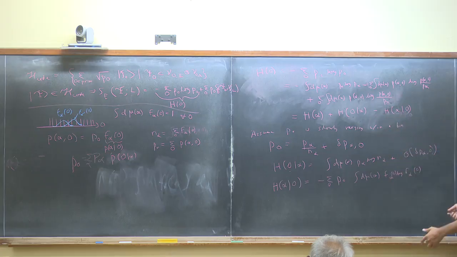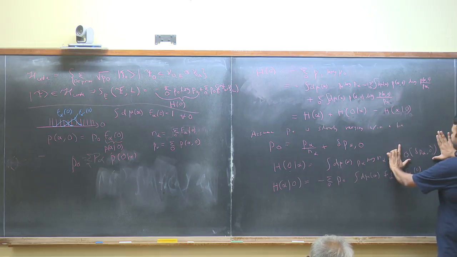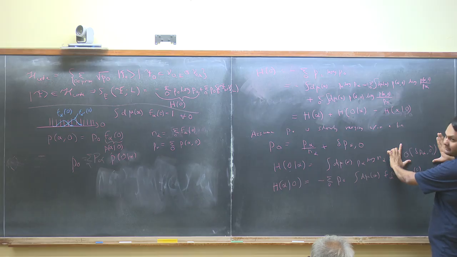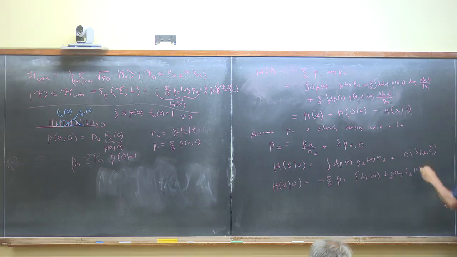And here there is an error due to the fact that the actual probability distribution is not fixed within a bin. If this becomes comparable to everything else, that means again that your state is not semi-classical. So this is like a semi-classicality constraint.